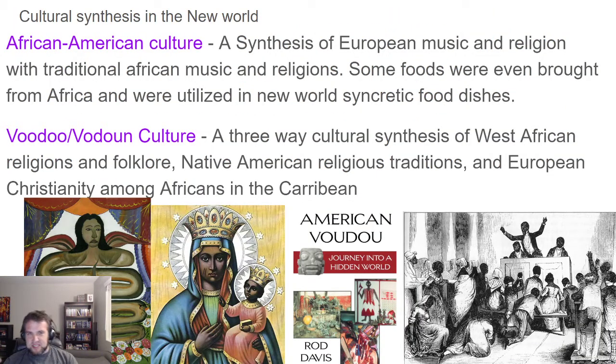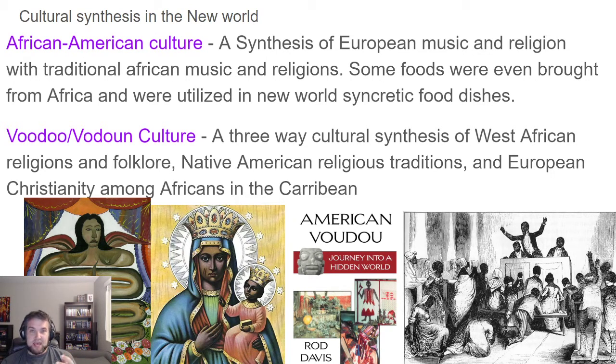So, cultural synthesis. African American culture. Hey, it's pretty awesome culture. A synthesis of European music and religion with African music and religions. We could do a whole study of Baptist Christianity, and especially how it's adapted in the African American community, and you could see there are elements of traditional African religions that appear in this version of Christianity.